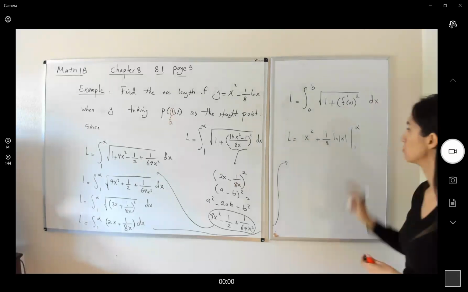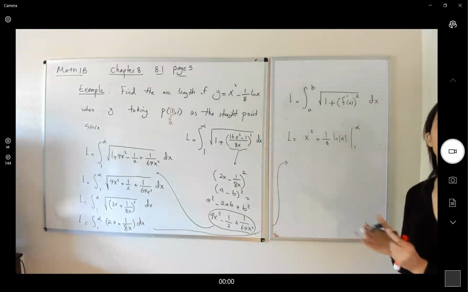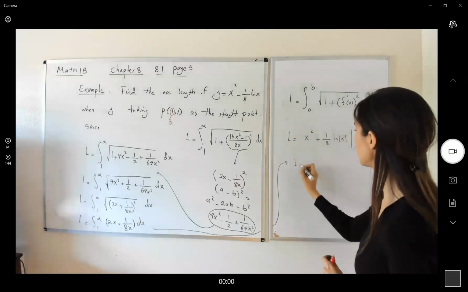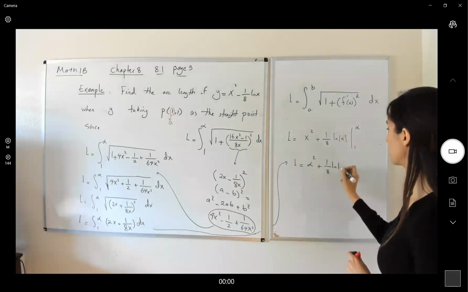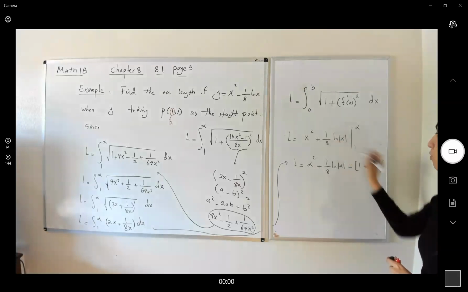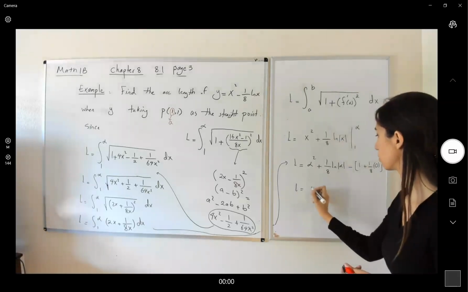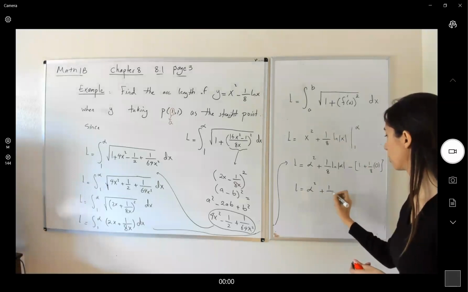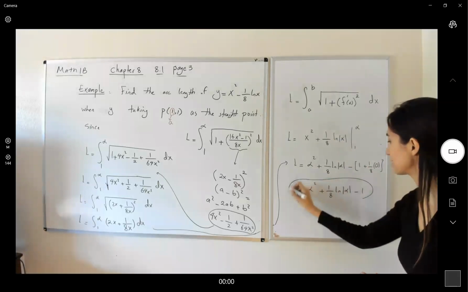First I plug in alpha, then I plug in 1, then I do the subtraction. L is equal to alpha squared plus 1 over 8 ln of absolute value alpha, minus, now I plug in 1, I get 1 plus 1 over 8 times ln of 1, which is 0. So L is equal to alpha squared plus 1 over 8 ln of absolute value of alpha minus 1.